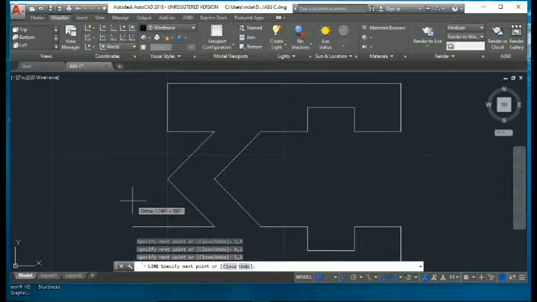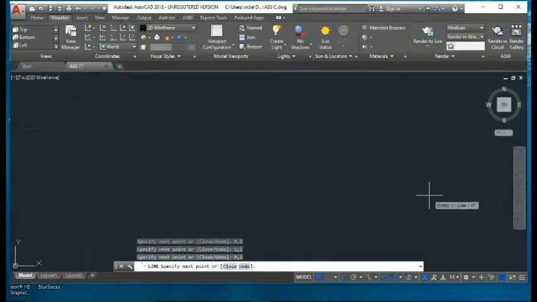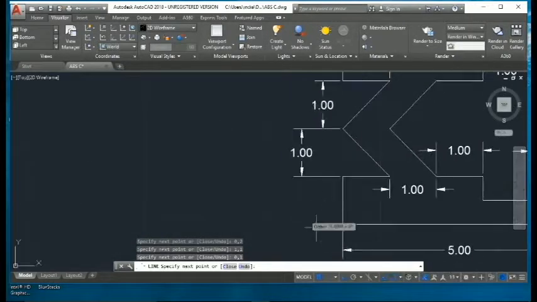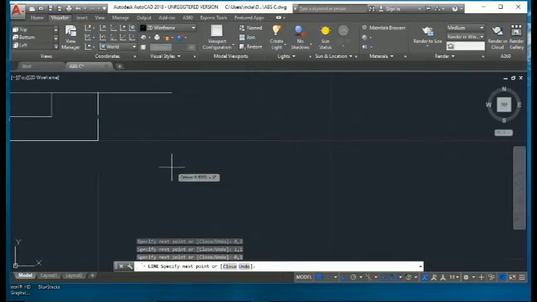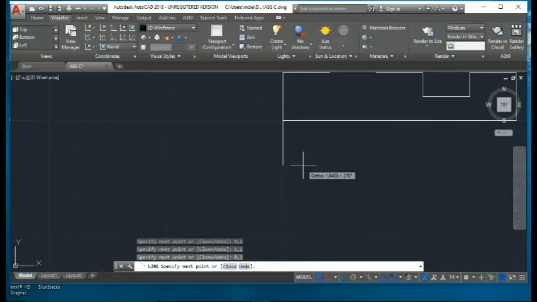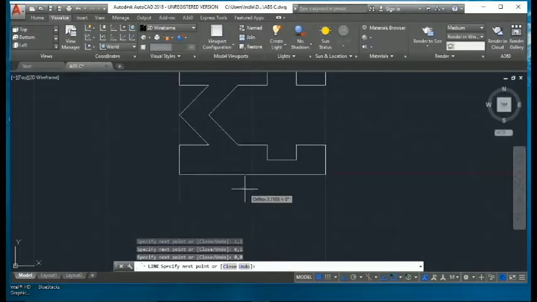Type 0, 1, enter. And the last point is this point, whose coordinate value is 0, 0. So type 0, 0, enter. So our drawing is complete.